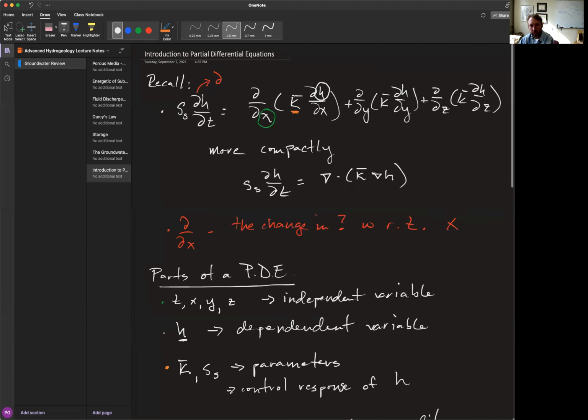So in this case, I have a linear partial differential equation because neither my storage nor my hydraulic conductivity is written as a function of head. All right. The linearity of a partial differential equation actually has nothing to do with, say, the shape of the solution. The shape of the head field will be some function that has curves and is not a straight line, but has everything to do with whether these parameters depend upon the dependent variable.